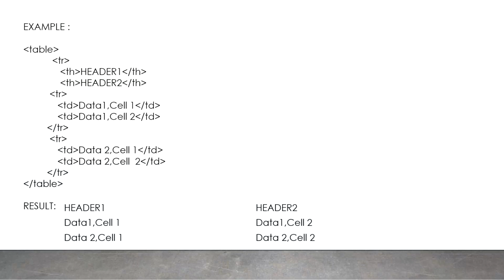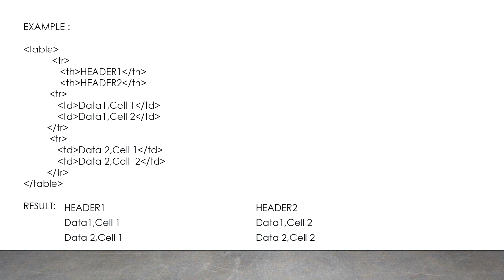For example: table, table row, table header, header 1, close table header, and then table header, header 2, close table header, and then a new table row. td data 1 cell 1, td close, td data 1 cell 2, td close, and the table row closes, and a new table row begins. td data 2 cell 1, td close, td data 2 cell 2, td close, and then table row close and then the table closes. The result is header 1 and header 2.